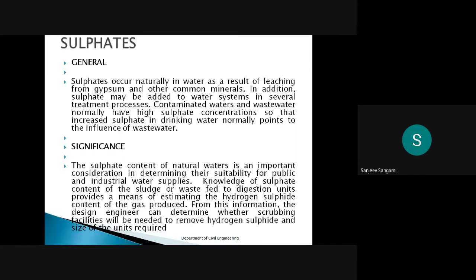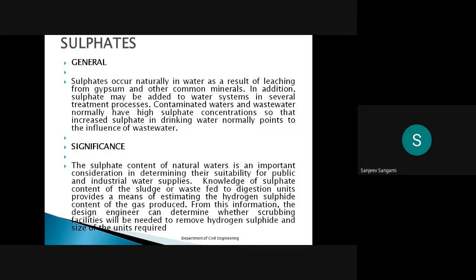Sulfates occur naturally in water as a result of leaching from gypsum and other common minerals. In addition, sulfate may be added to the water system in several water treatment processes also. Sometimes hydrochloric acid is added to neutralize or to reduce the pH, so in that way also it is included.